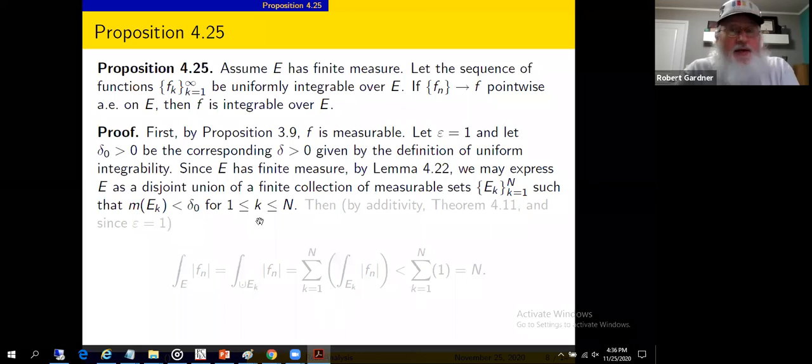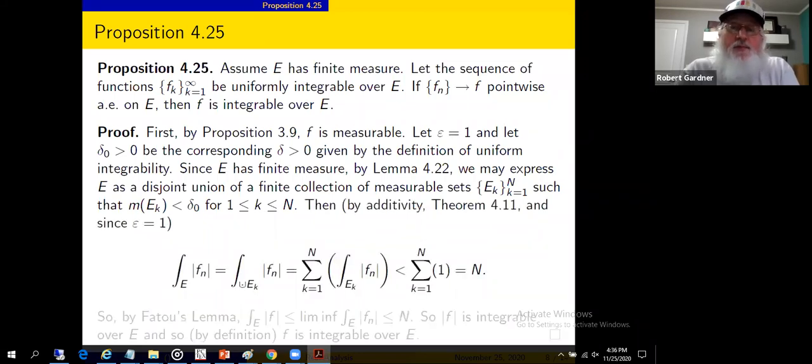And there's only a finite number of sets, so we can use additivity. Of course, additivity doesn't apply to infinite sums, only to finite sums. Additivity in the sense of integrals always means finite additivity. We did have some other behaviors related to series, but additivity always means finite sum.